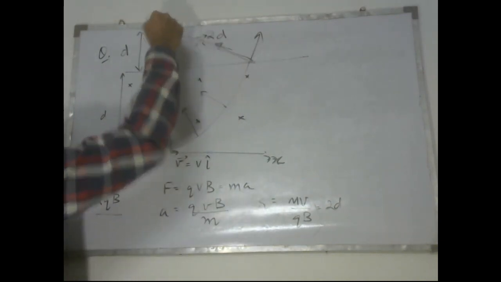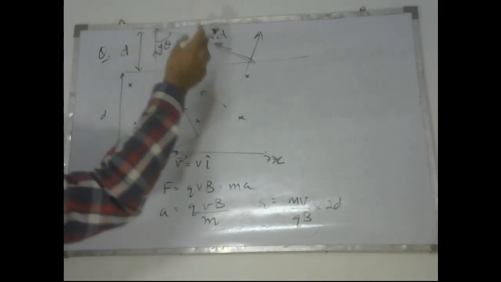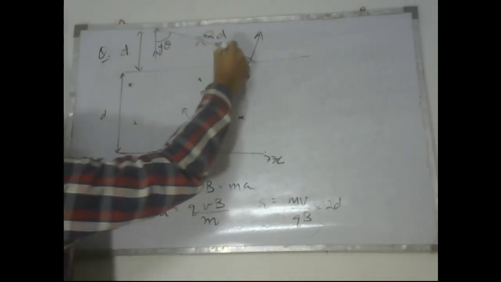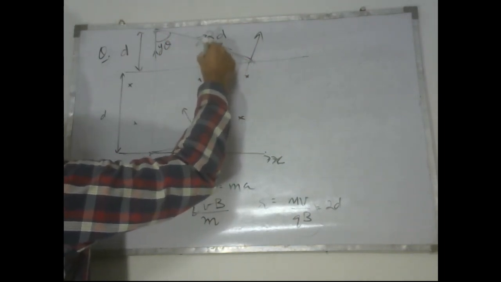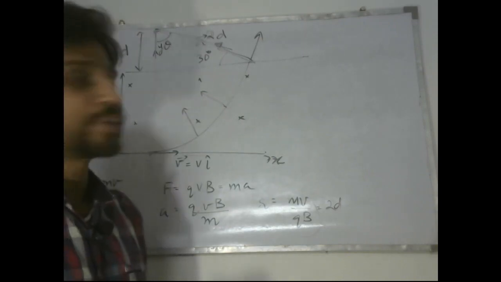From that we can find this particular angle theta. This angle theta is very easy to find. It is actually 60 degrees. So the angle which the acceleration vector makes with the horizontal is simply 30 degrees.